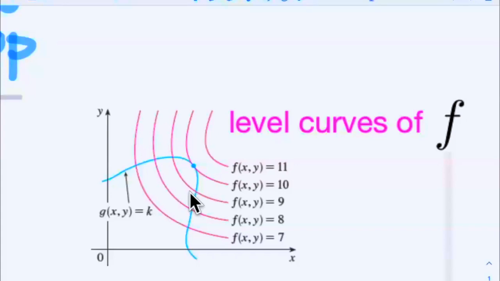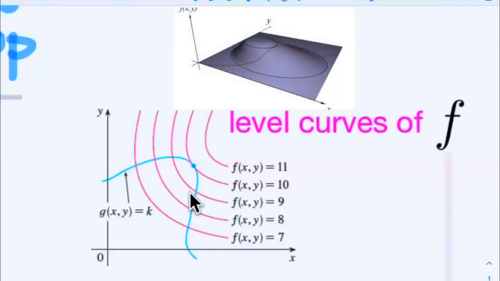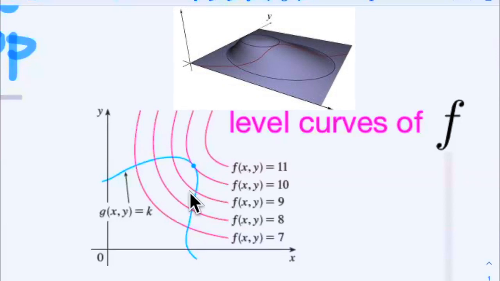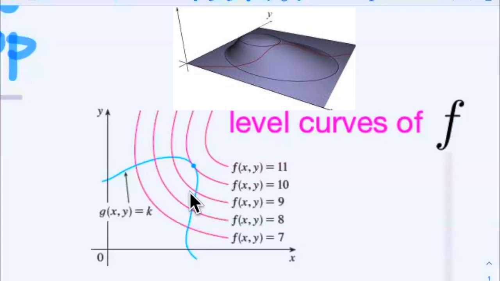The answer is no, because here you intersect at 2 points, and then you can go further. And you go further, and you have this level curve here that only intersects this constraint curve at one single point, then this function value is the maximum. Because if you go further, then that is not going to satisfy this constraint anymore. And this is the one that satisfies this constraint, and the function value is the highest. So that's the one.